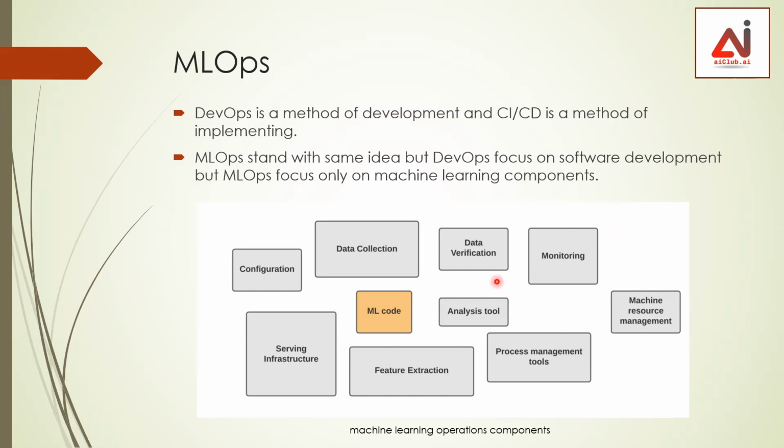ML code is almost the smallest or the second smallest box. So you can see in proportion how much effort we generally spend in developing the code, developing the actual model. All these boxes are in proportion to their size.